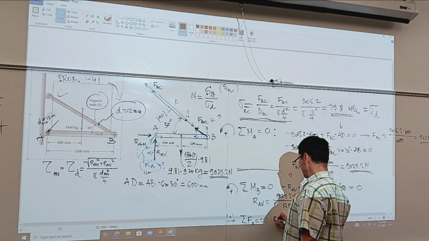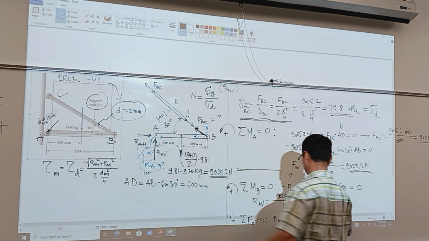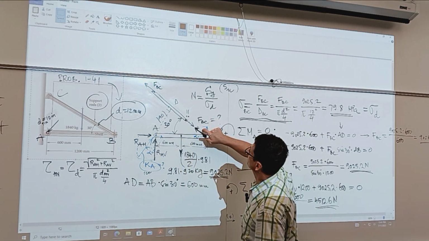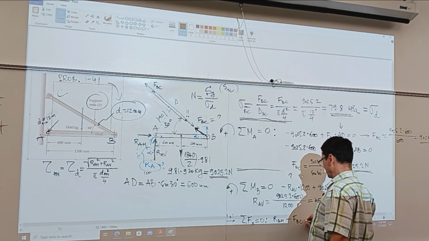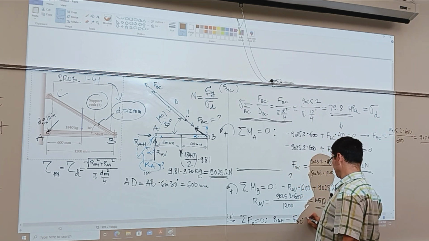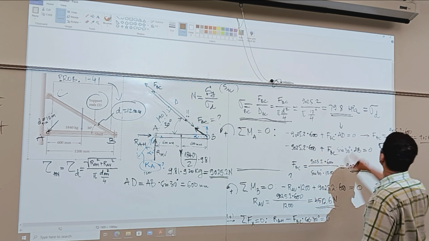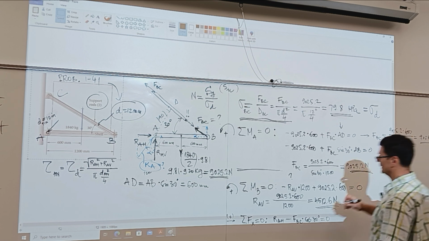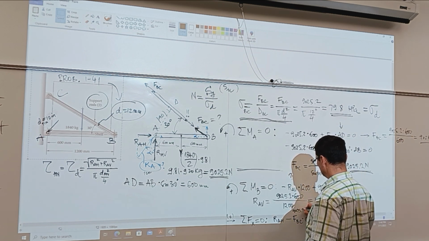So I have RAH, and then I have nothing here, and I have the horizontal projection of this force, negative FBC times cosine of 30 degrees equals 0. We've got FBC calculated earlier, 9025.2.